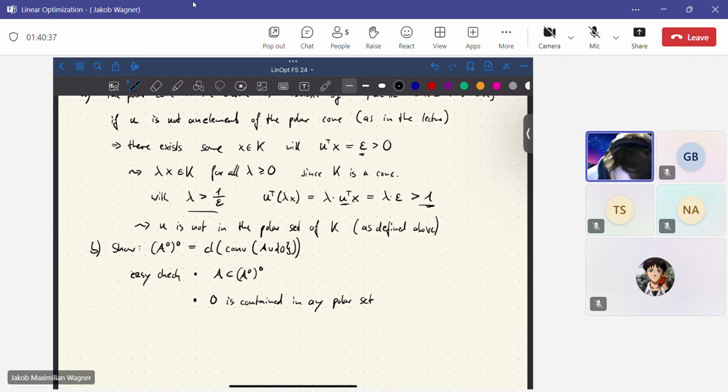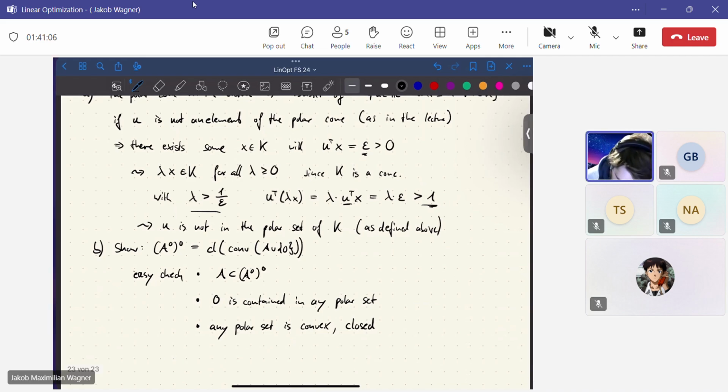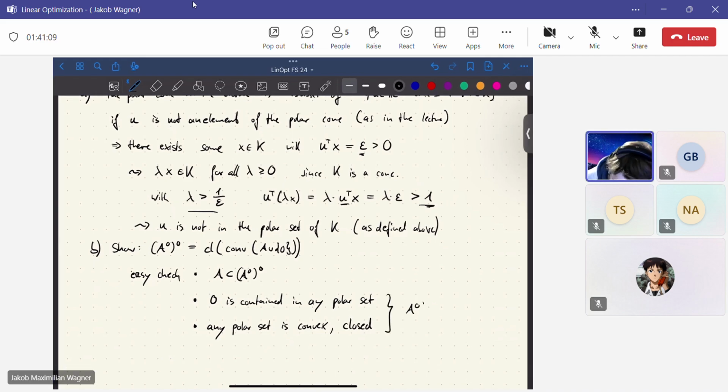And we also know that any polar set is convex because it's defined by a bunch of inequalities. And so if we have a convex combination of points in this polar set, then this also satisfies the inequalities. And we have that it's a closed set. So especially we know that a double polar also contains 0 and is closed convex.